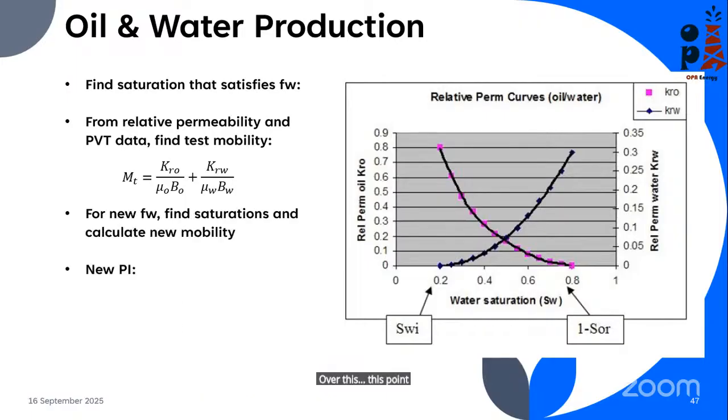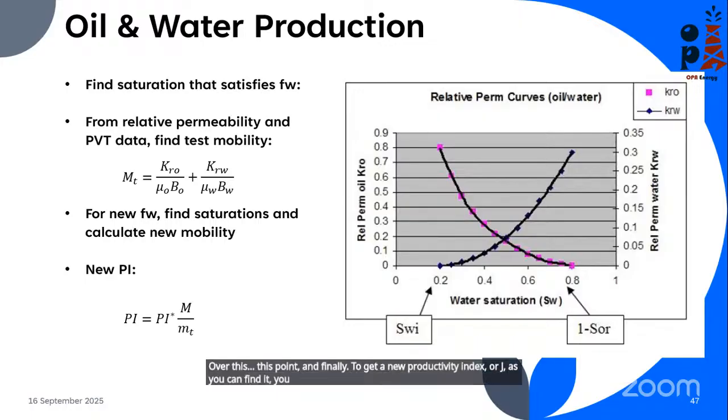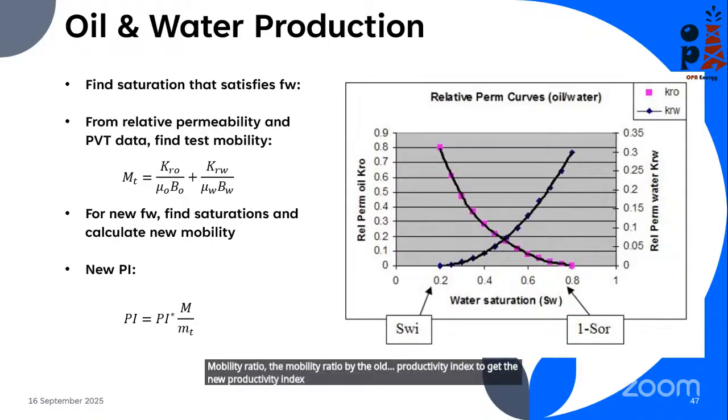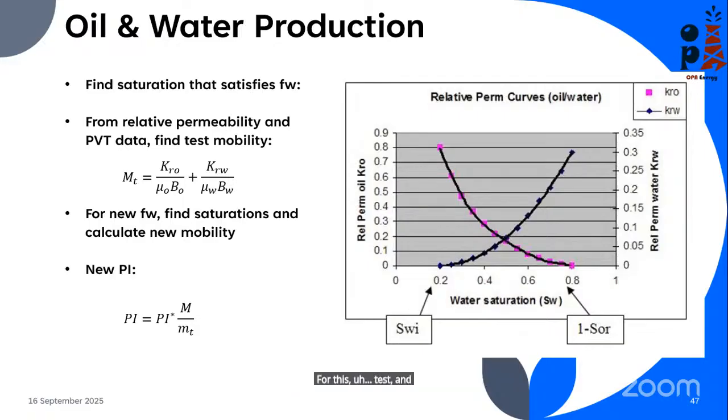Finally, to get a new productivity index, or J as we call it, you multiply the mobility ratio by the old productivity index to get the new productivity index for this test, and you construct the IPR.